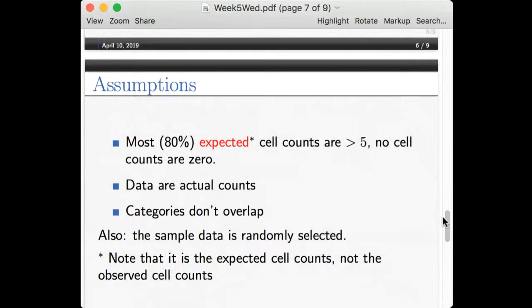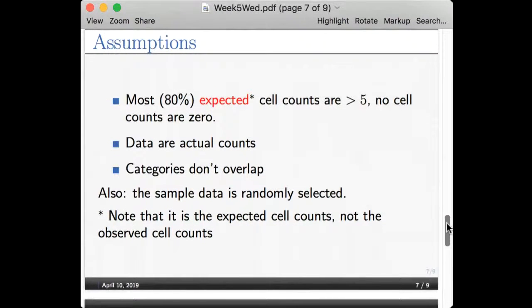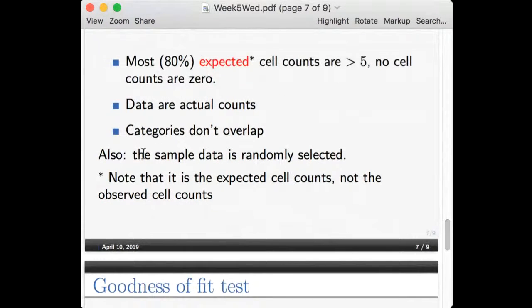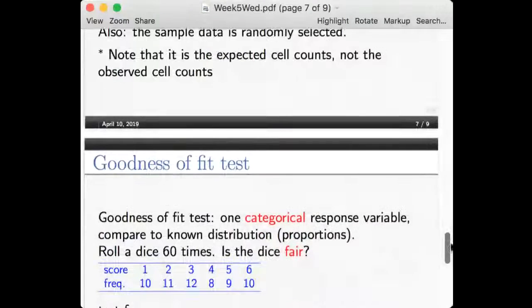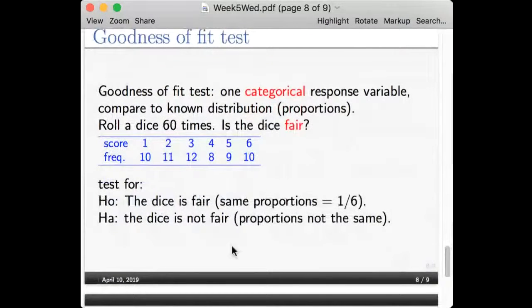More than 80% should be greater than 5. So you don't want to be using this on really small data sets. The data have to be actual counts, and the categories can't overlap. And something that wasn't mentioned, the sample data is randomly selected. Okay, so they're the key assumptions. Now let's look at the goodness of fit test.